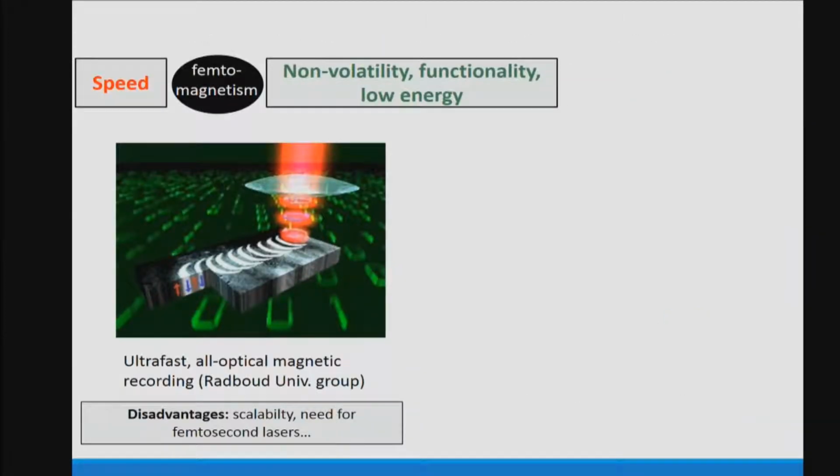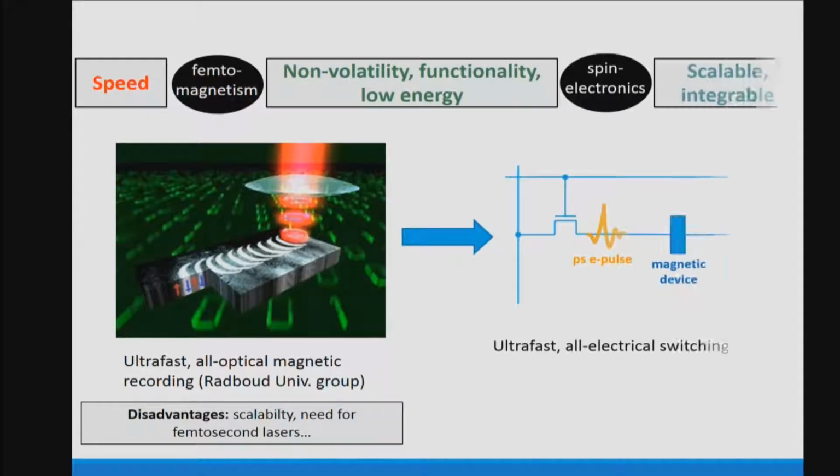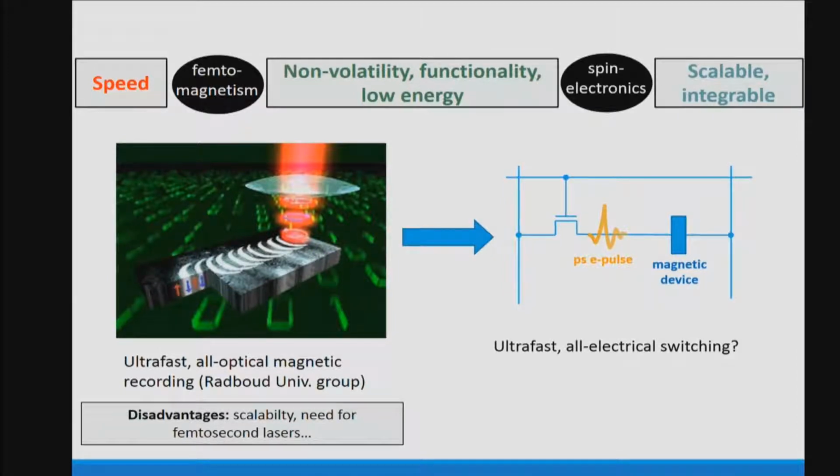So the idea that we thought might be interesting to explore was, could we adapt the physics here in this ultrafast magnetic switching into something that looks more integrable on chip, where instead of using a laser pulse to heat the magnetic layers, electrons, we would use a pure charge current pulse with very short duration.